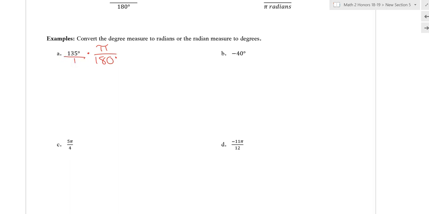I can put this over 1, because then my degree units cancel out. Okay, so whatever unit it is, you want that to cancel out. And then I'm left with 135 pi over 180, right? And the degrees have already canceled.